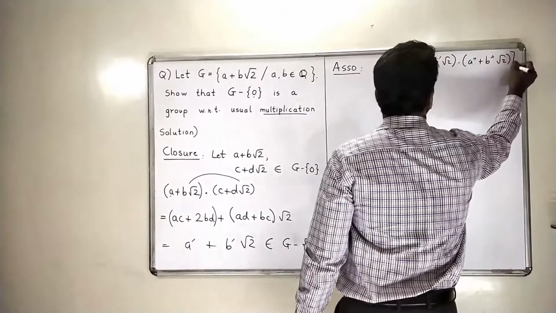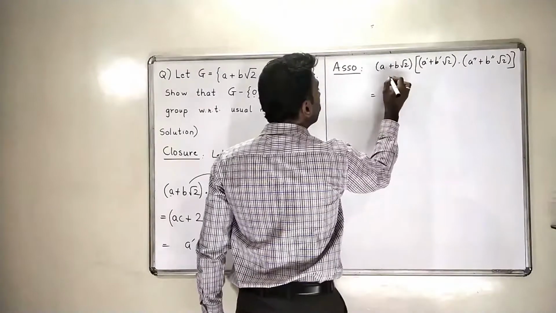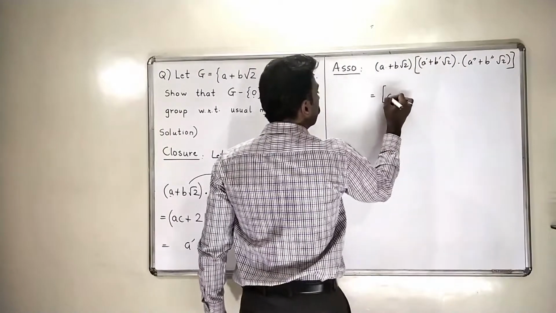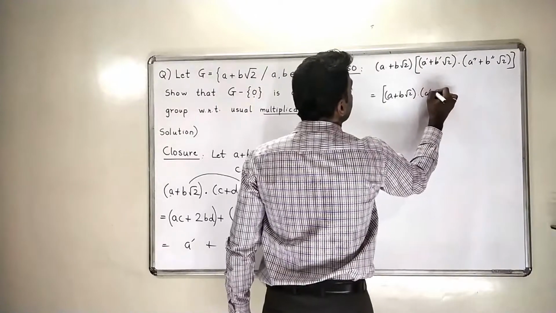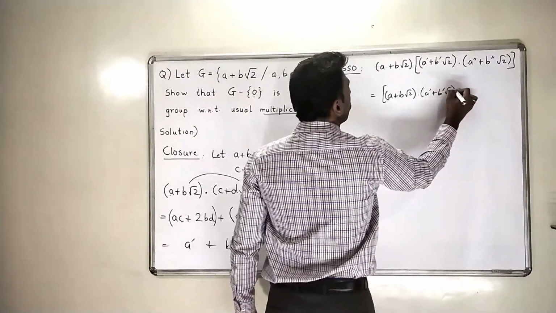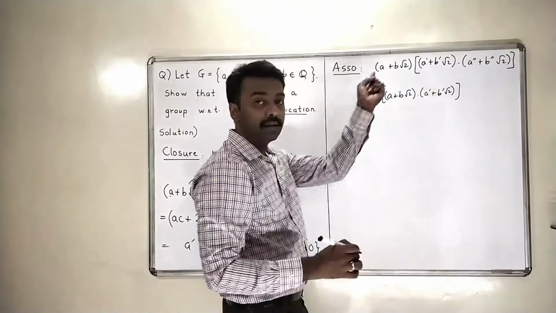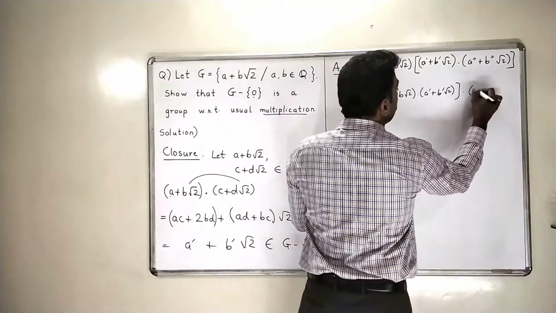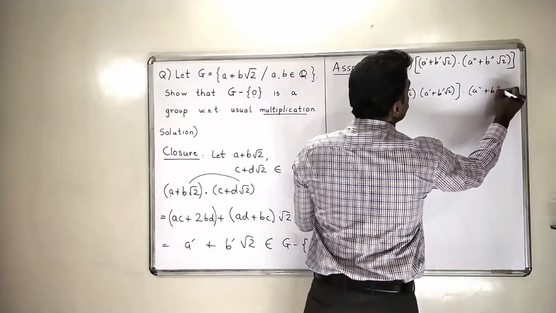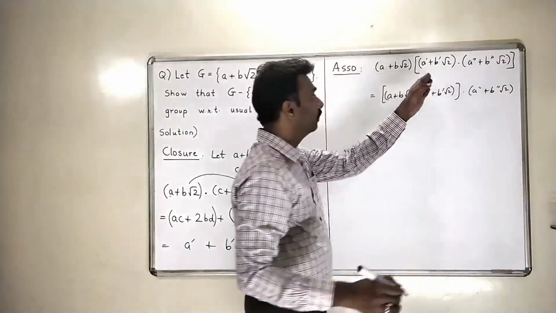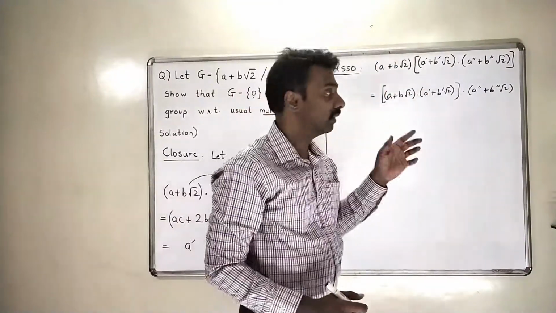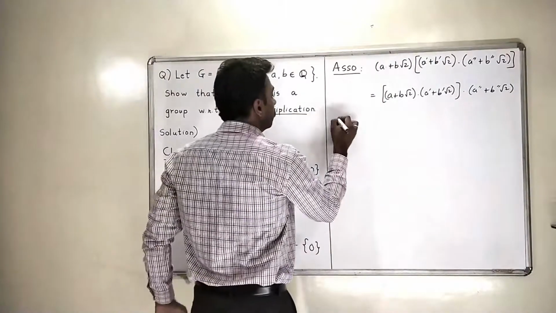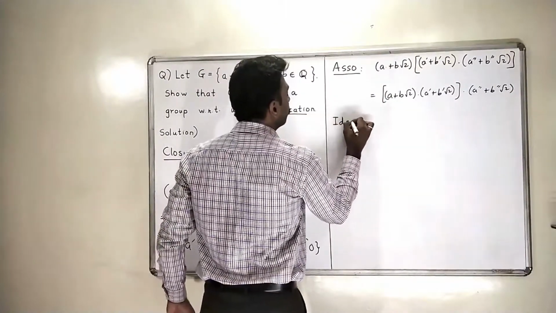And this will be the same answer when I multiply the first two first: a plus b root 2 multiplied by a dash plus b dash root 2, and then multiplied by a double dash plus b double dash root 2. If I simplify the left hand side and the right hand side, I will get the same answers. So next is the identity.